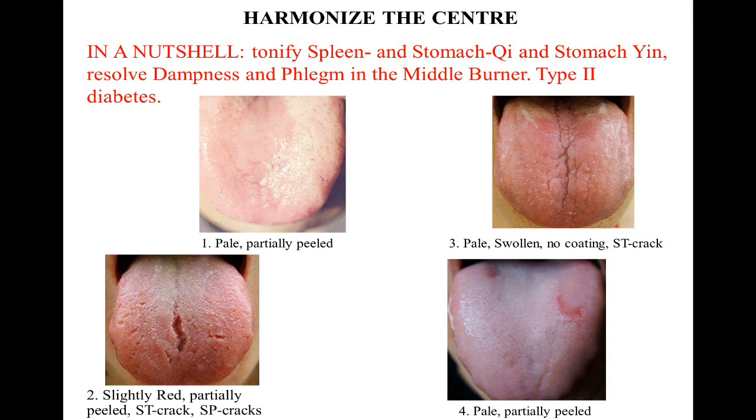So it would be a formula more for middle-aged people with type 2 diabetes, maybe overweight, with some digestive problems. The underlying patterns are Qi and Yin deficiency of stomach and spleen, with some dampness and phlegm in the middle burner too. So you could look at Harmonize the Centre like a further stage of Central Mention.